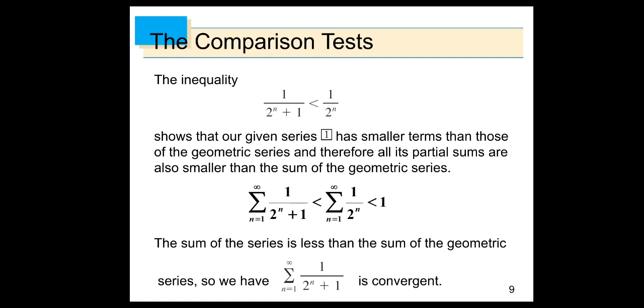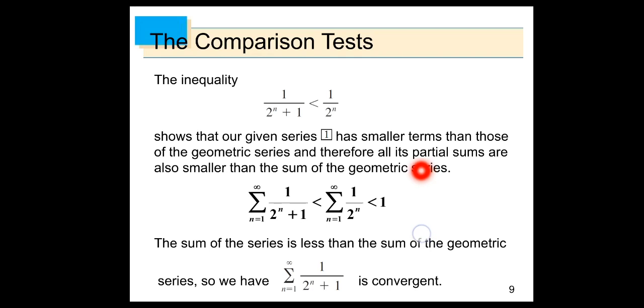Over here we have a sub n, which is 1 by 2 raised to the power n plus 1, which is less than 1 by 2 to the n. It shows that our given series has smaller terms than those of the geometric series, and therefore all the partial sums are smaller than the sum of the geometric series.